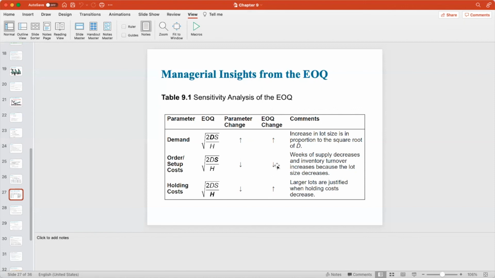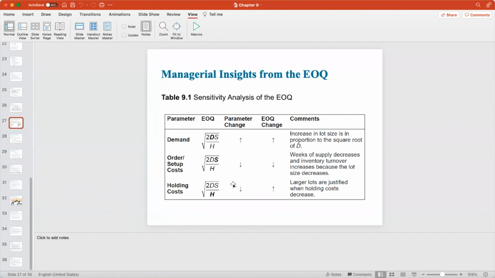However, if we move to the holding cost perspective, we see that H is within the denominator. Managerially, what it means is that when holding cost goes up, intuitively, we don't want to hold too much inventory within our warehouse because it will incur more cost.